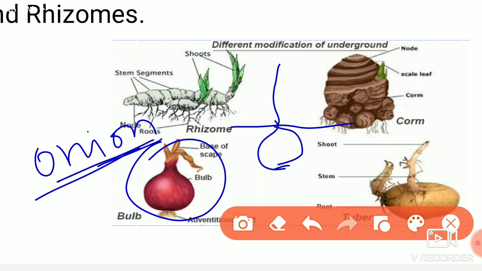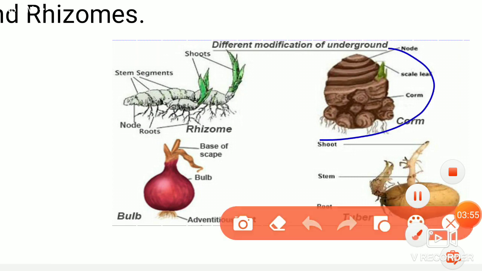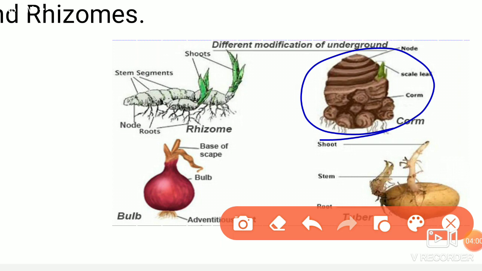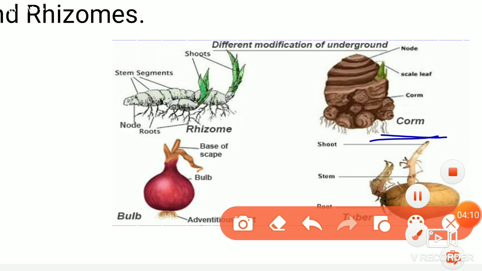This is the elephant yam, Suvarnagadde, that is the corm. It grows in the form of a tuber-like structure. That means it does not have a regular shape. The shapeless structure is called a corm, C-O-R-M.